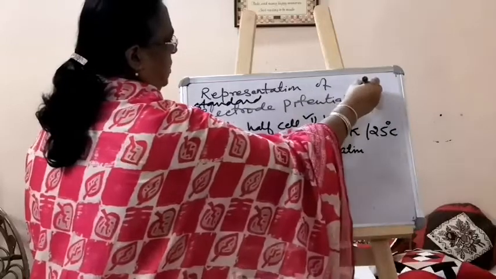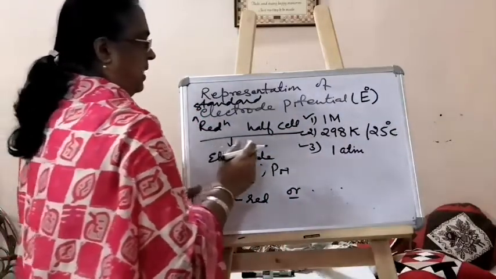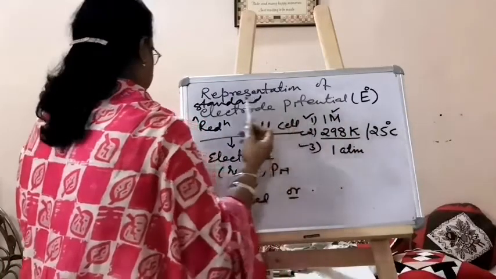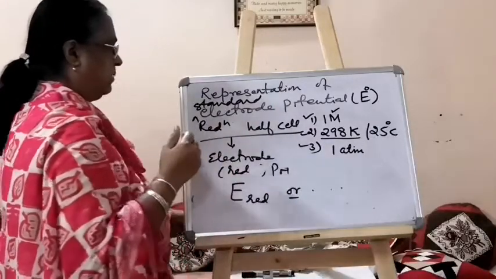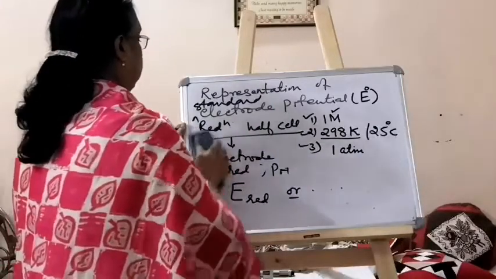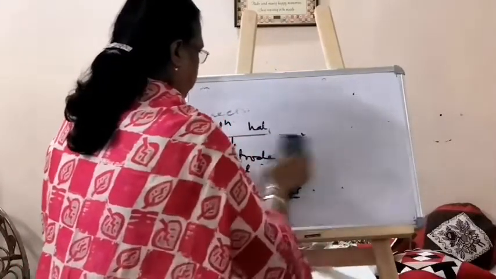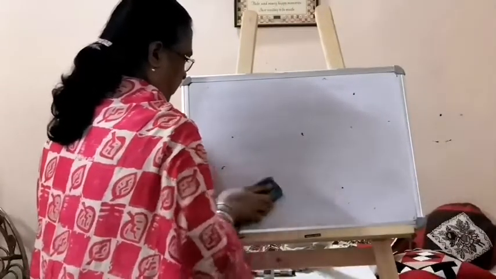Standard electrode potential is symbolized by E0. So when E0 is there, it means the concentration is 1 molar, the temperature is 298, and for a gas the pressure is 1 atmosphere.